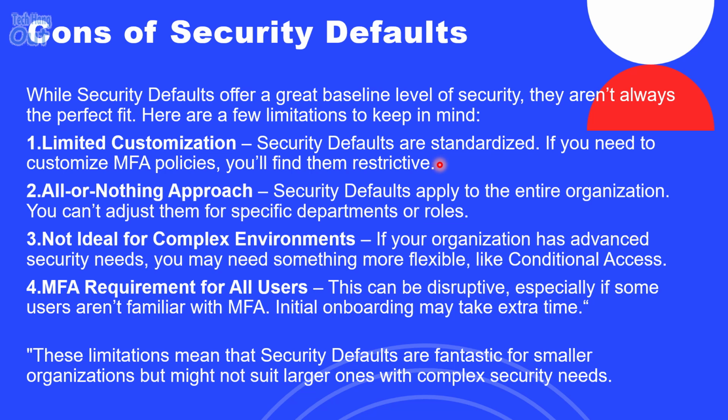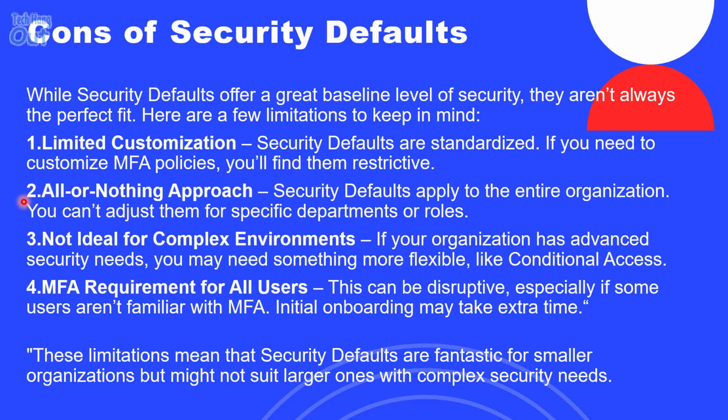There may be so many reasons why you have a legacy application that is still using this port. So if you enable security default, it means that you cannot use this port again and you cannot customize security default, and that is one of the limitations.